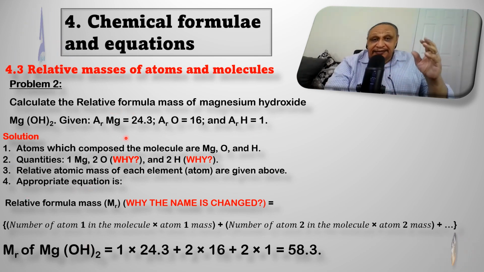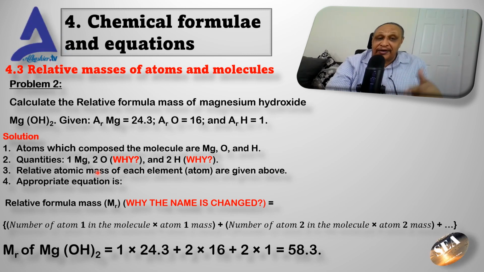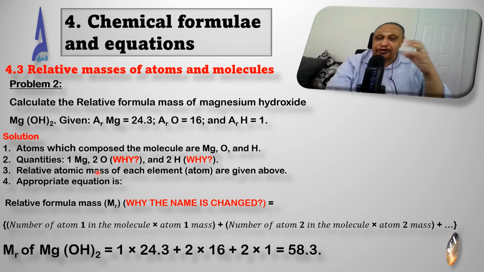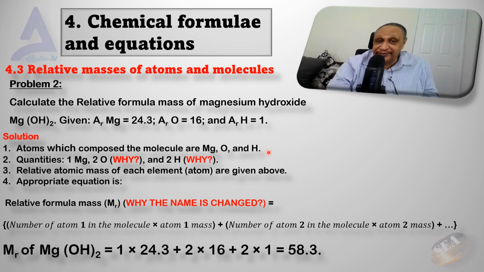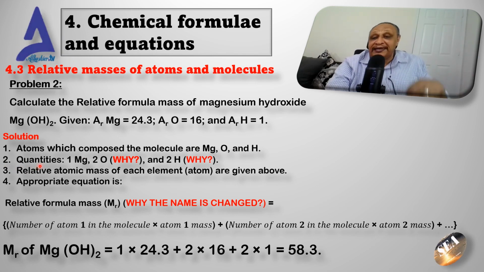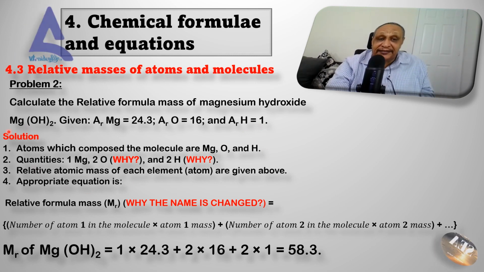That is the only difference here, but we have to go through the same procedure. First, determine the atoms which compose the compound, which are magnesium, oxygen, and hydrogen. Then the quantities, that means how many atoms of each of these are in this compound.